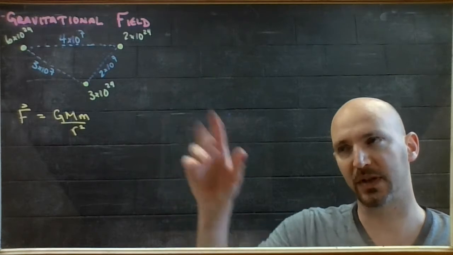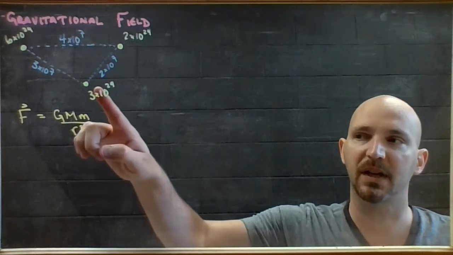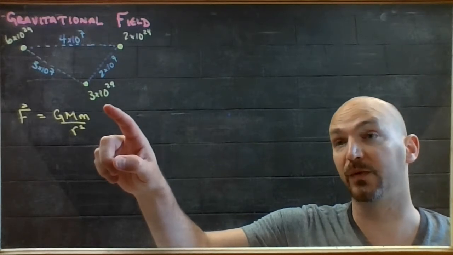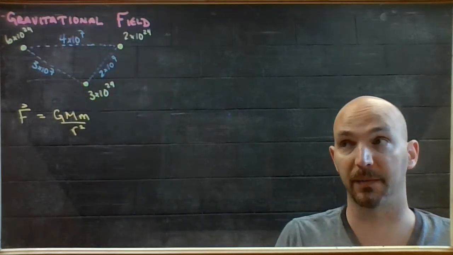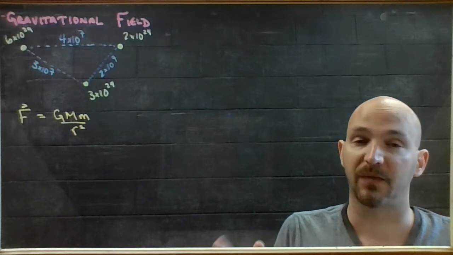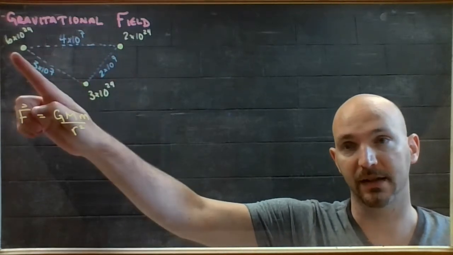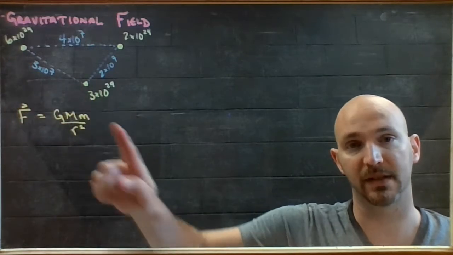So in this particular example, suppose I wanted to know where this particular mass was going to move to because of the other two that are up there. So if I wanted to know that, then it's these two objects that are causing the field, and then this is the one that's experiencing it.